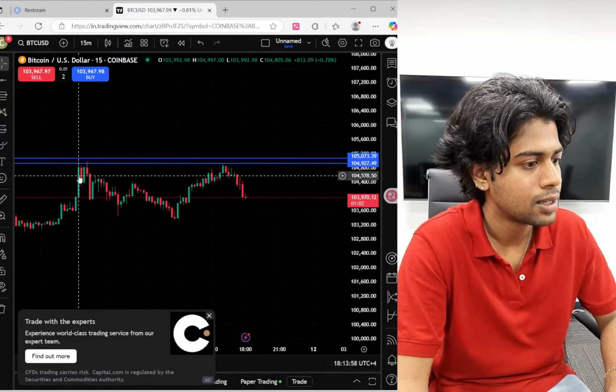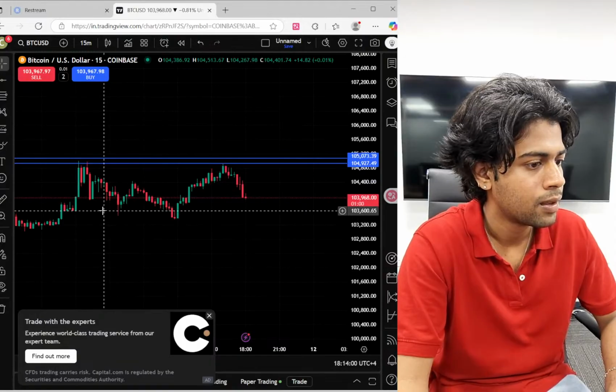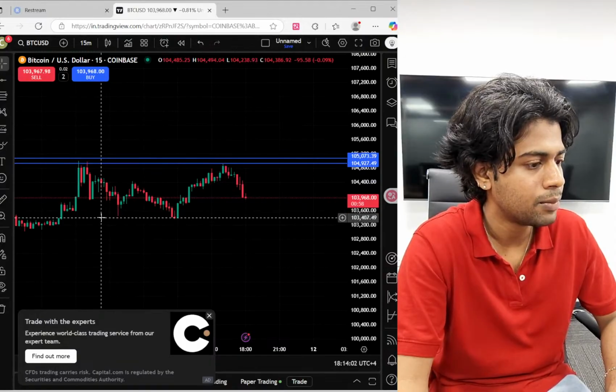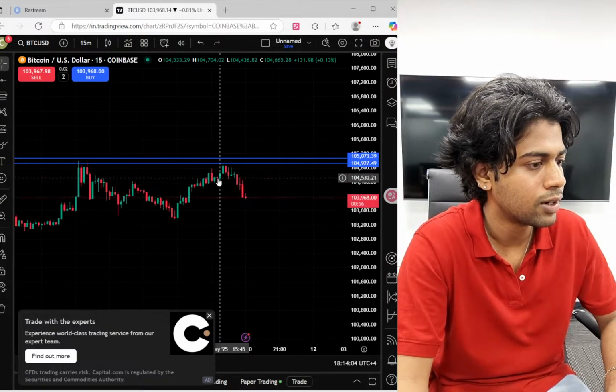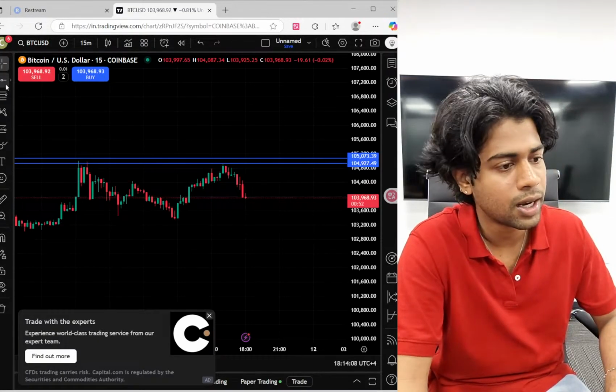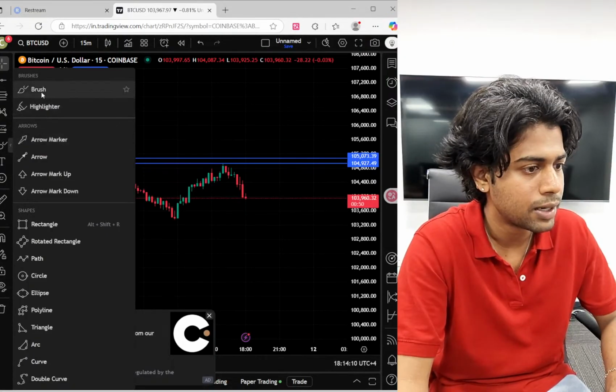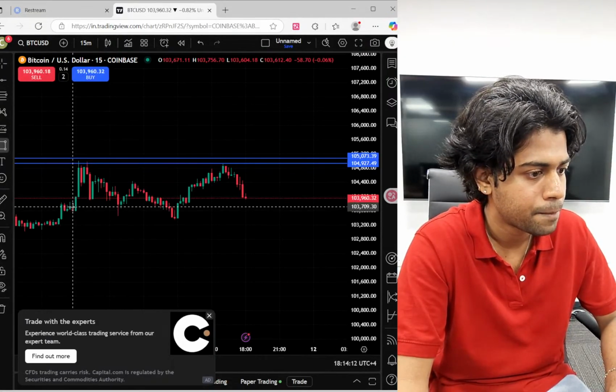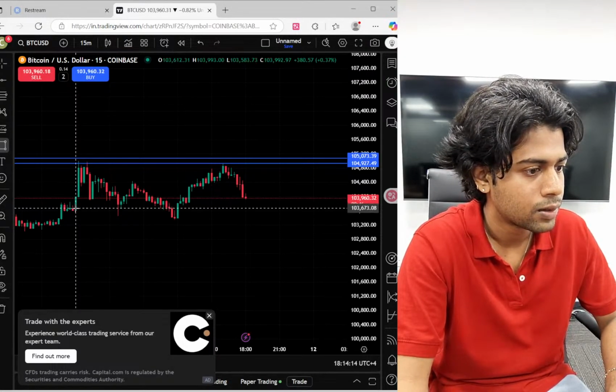Let's just consider this one. Whenever the market came in that scenario, the market has actually gone up. So for now, if I cannot find something behind, I will go with this as my demand zone.